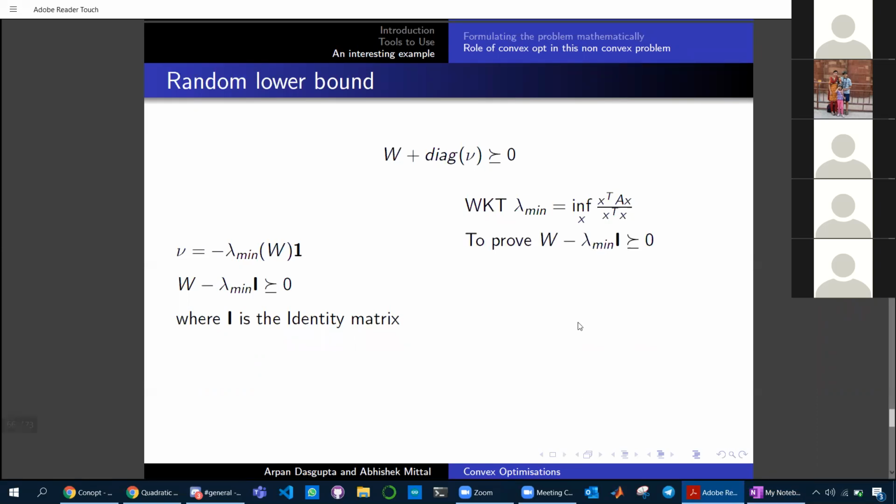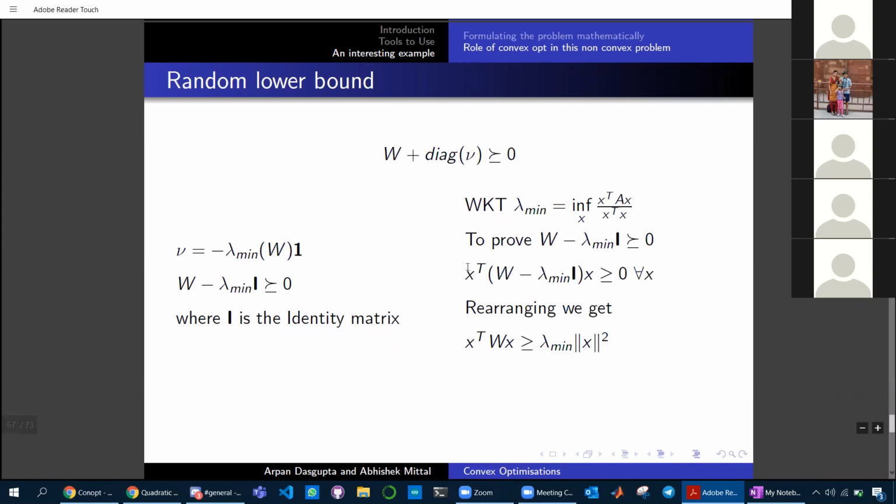Now I just have to prove that W minus lambda min times the identity matrix is positive semi-definite. To prove that any matrix is positive semi-definite, all I have to prove is that x transpose times this matrix times x is greater than or equal to 0 for all x.